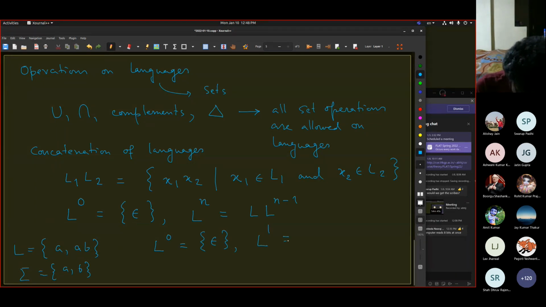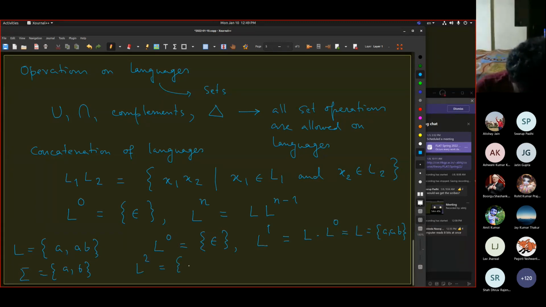L power 1 is nothing but the concatenation of L with L power 0. If I append or prepend epsilon here, it remains the same as L. That is, {A, AB}.